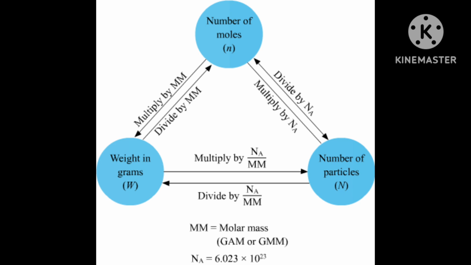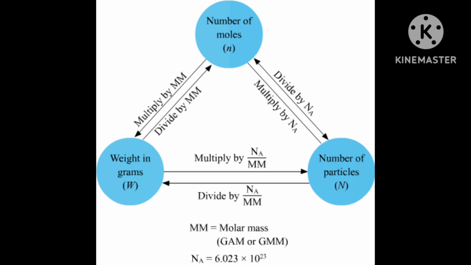This I have told you about the mole. Avogadro number I have already told you, but again I want to repeat it. What is the Avogadro number? It is the number of atoms present in 1 gram atom of an element, or the number of molecules present in 1 gram molecule of a substance. Correct? 2 things I told you.